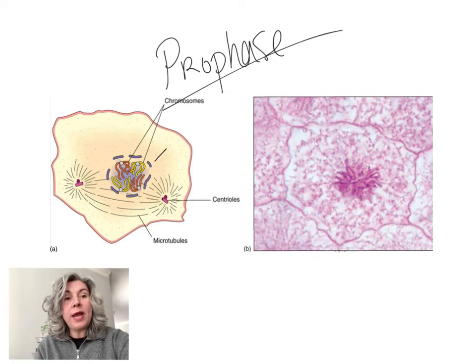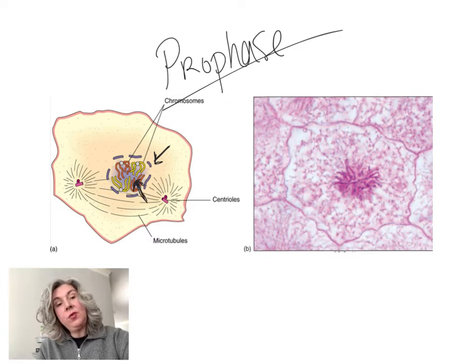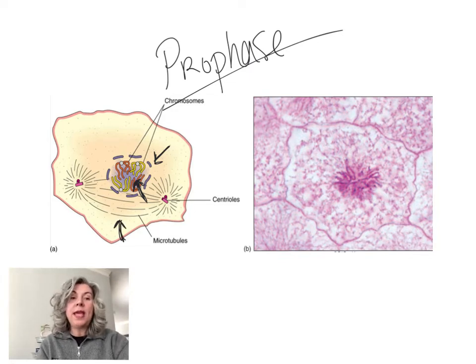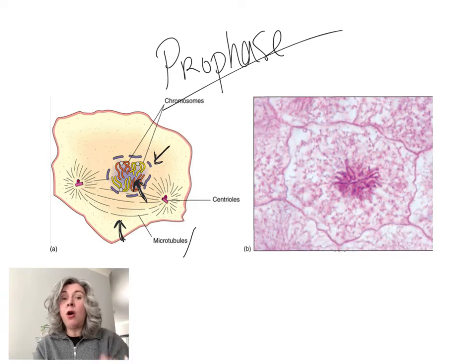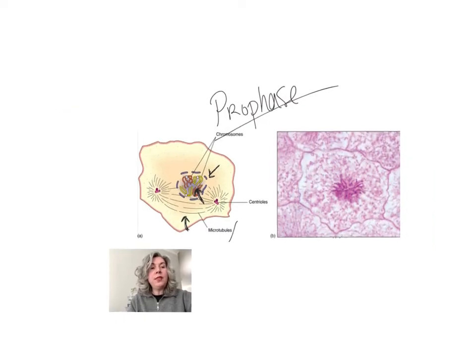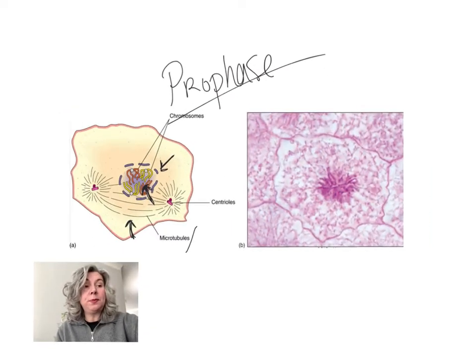Notice we have the breakdown of the nuclear envelope. Inside, we've got the formation of chromosomes. And then outside the nucleus, you can see the spindle fibers starting to form. Now you'll notice this diagram calls them microtubules, and they are microtubules. That's actually what they're made of. Usually in terms of cell division, we refer to them as spindle fibers.